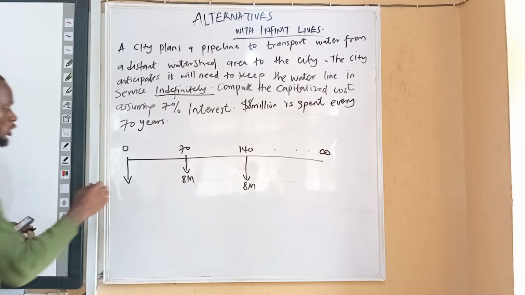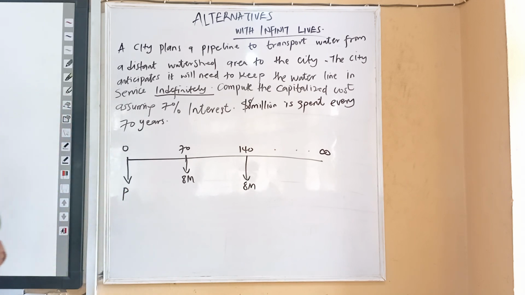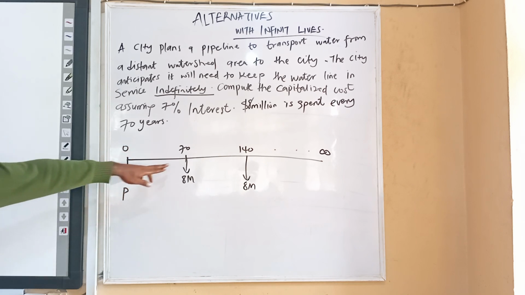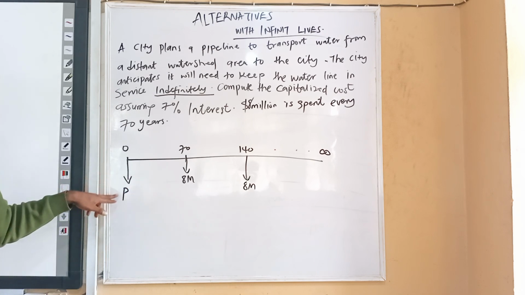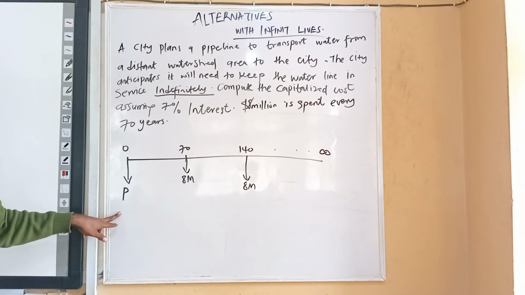We want to know how much we're going to keep aside to take care of these expenses that occur every 70 years. It's called the capitalized cost.